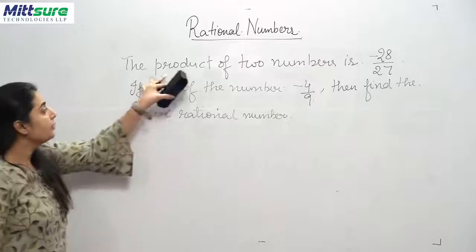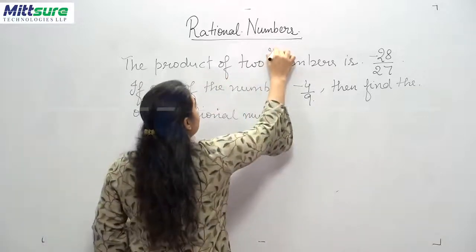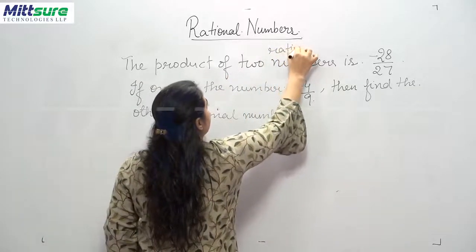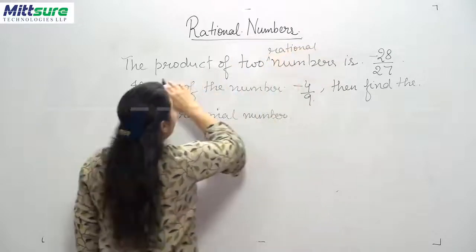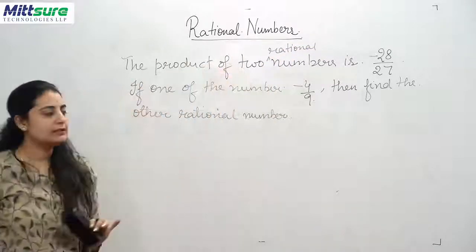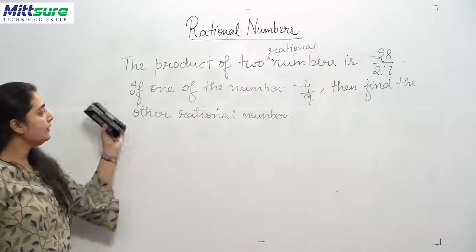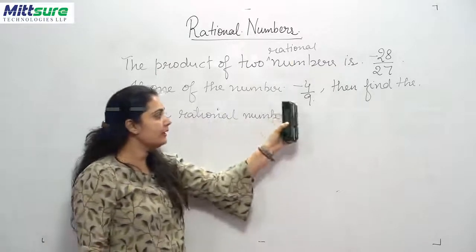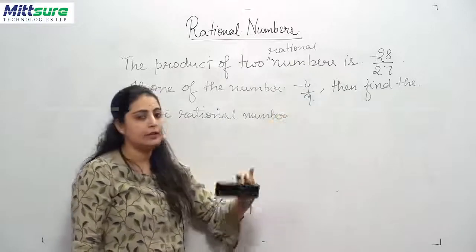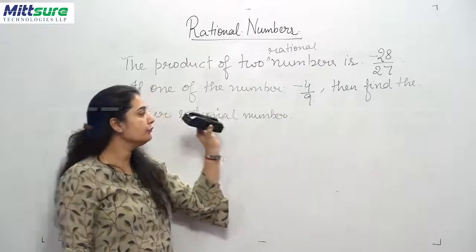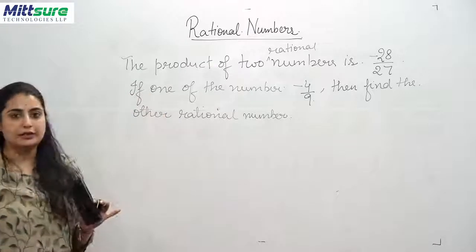Now see, the product of two rational numbers is minus 28 upon 27, and if one of the rational numbers is minus 4 upon 9, you are supposed to find out the other rational number.